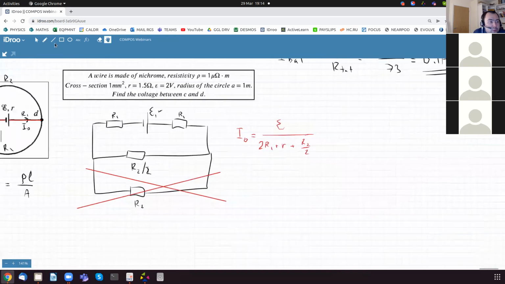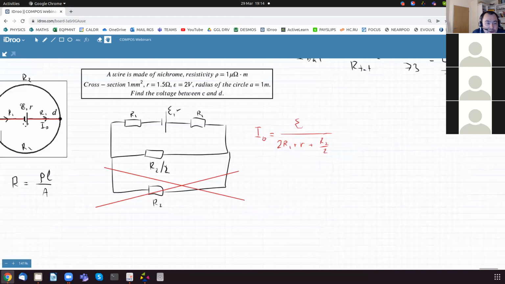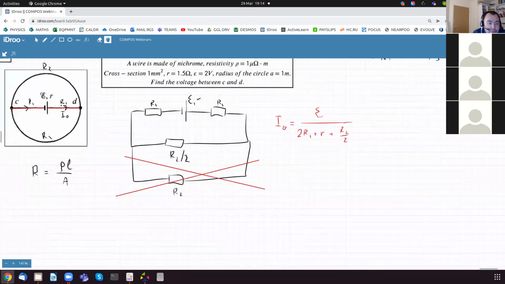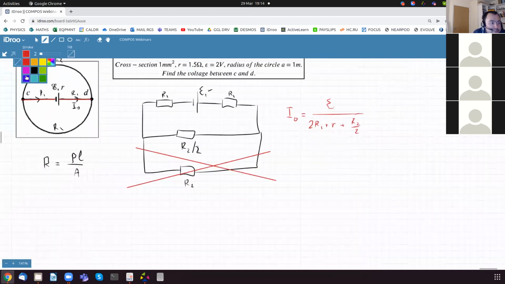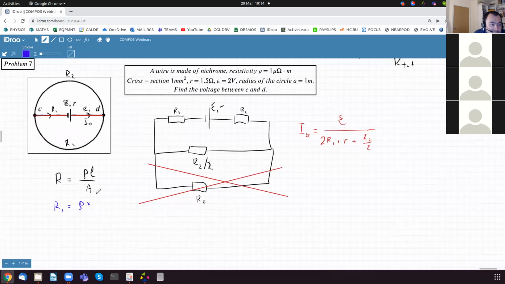Now we just need to find R1. R1 is determined by the length of the wire, which has length A over 2. So R1 is resistivity multiplied by length, which is A over 2, half of the radius, divided by cross-sectional area, which is given.